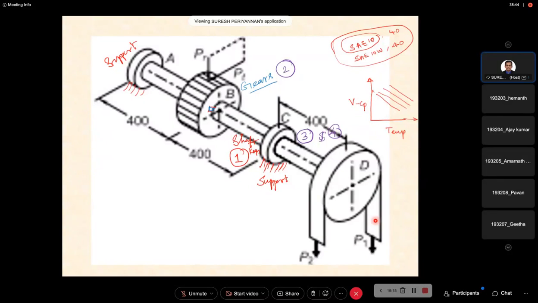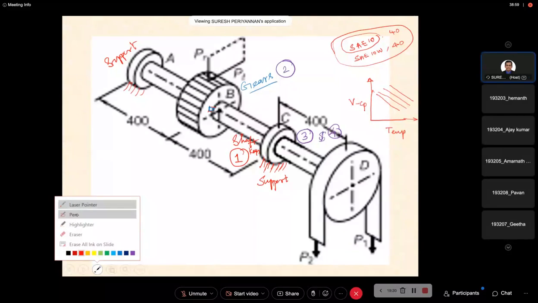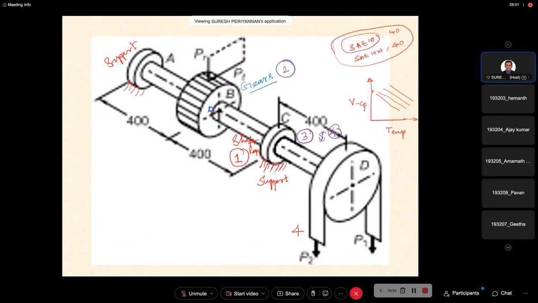Gears are under rigid power transmission mechanism, and belt drives are under flexible power transmission mechanism. For the next 5 to 6 classes, we are going to concentrate on flexible power transmission mechanisms: belts, ropes, and chain drives. We already discussed the rigid power transmission mechanism.